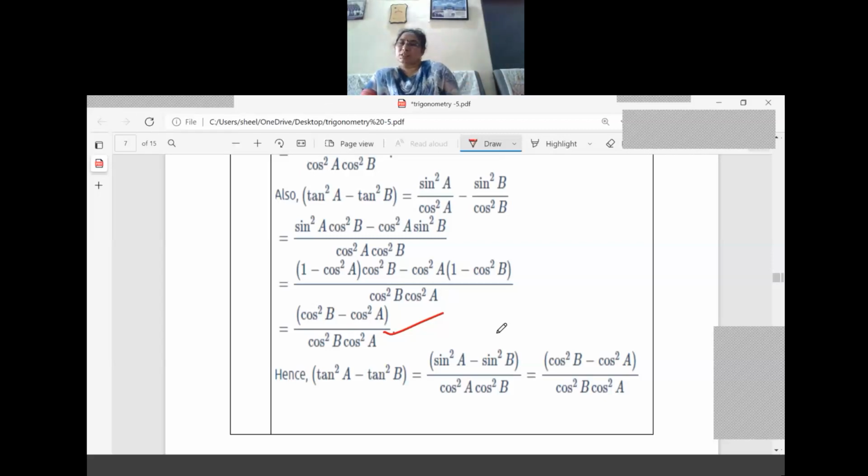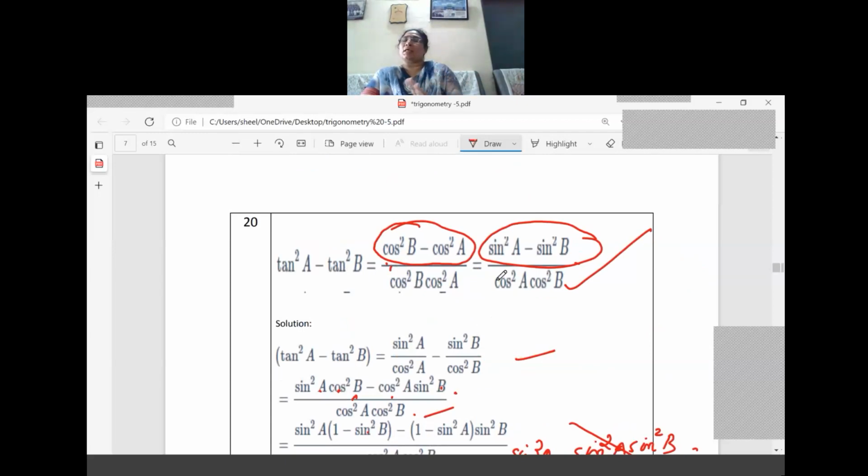So these are the questions. See, you may get three equations to be proved. LHS, RHS, it's not there now. Now what we can say, three are there to prove. Prove that tan square A, I'm not writing 'prove that' for all the questions, it is there only. So tan square A minus tan square B is equal to cos square B minus cos square A divided by cos square B cos square A, equal to sin square A minus sin square B divided by cos square A into cos square B. That means both you have to prove only.